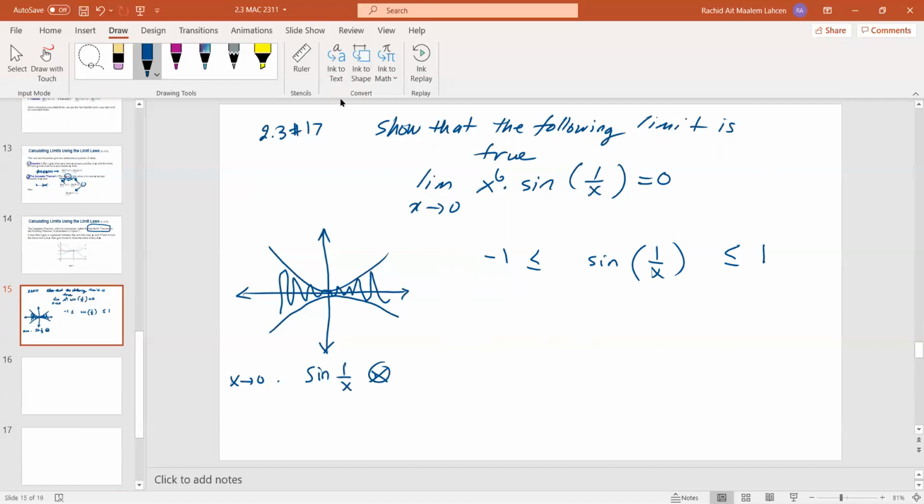So what happens if you multiply this by x to the 6th, which you want? If you multiply this whole thing by x to the 6th, this is even, so it is positive. It's not going to affect the inequalities. You're going to get negative x to the 6th less than or equal to x to the 6th sine 1 over x, less than or equal to x to the 6th, right?